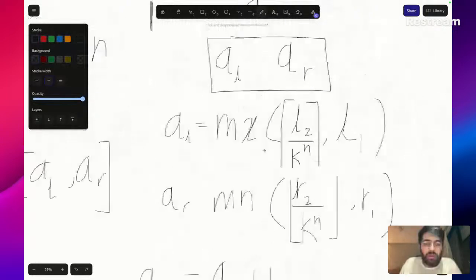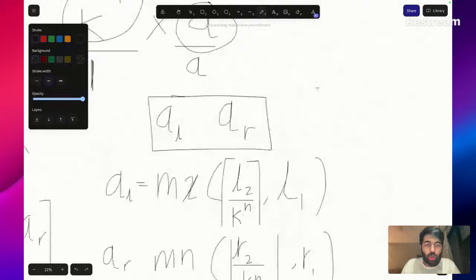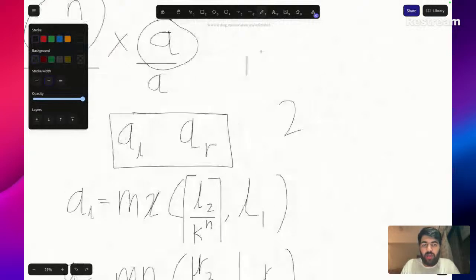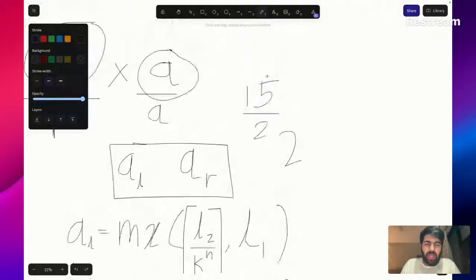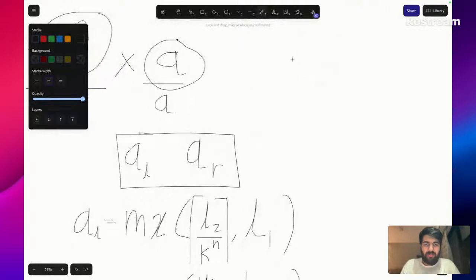So how do I do this? I know k raised to n's value, I know L2 and L1, but why is this a ceil? Just take an example. K raised to n is 2 and your L2 is 15. If you do a floor, you will get to know how many 2's are contained in 15. If you take a ceil, you include 15 and go one ahead, so you'll have 16.